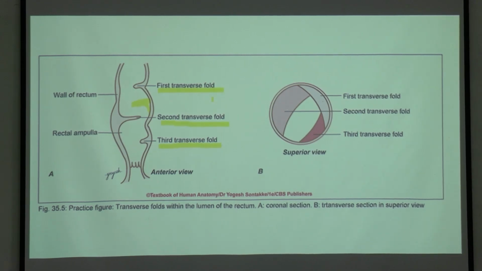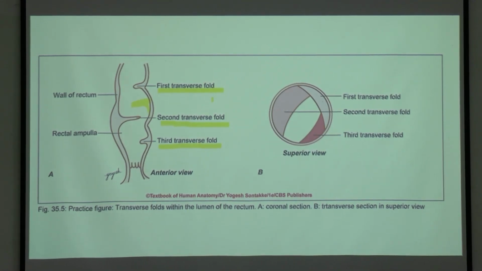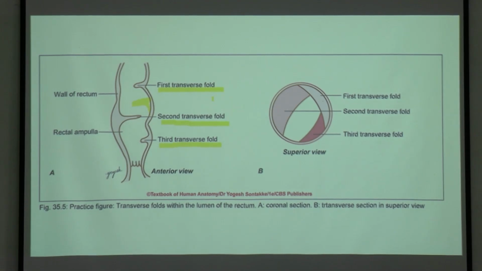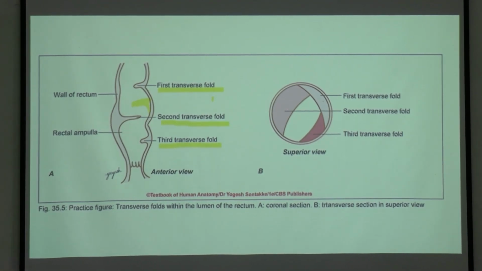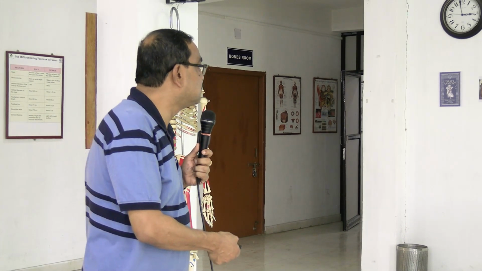So you will know later on in the lithotomy position, we always pass a cannula when we are performing a rectal douche or enema. When we are inserting a cannula, we always try to negotiate through the left lateral position, not through the right lateral position.